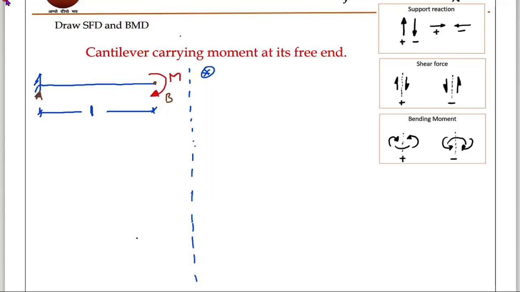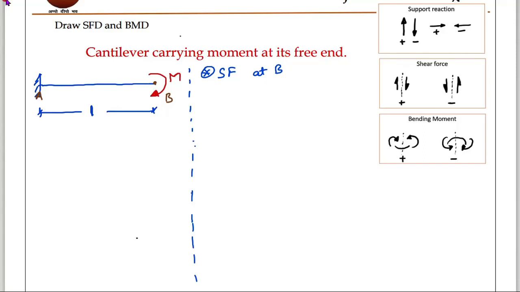Now we will come from point B and then go to point A, because in a cantilever we always move from the free end to the fixed end. Now point B is there. I am writing shear force at B, because at B there is no point load, that is a moment.